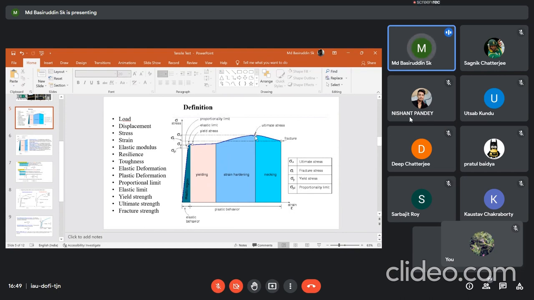Because at the UTS point, the material is experiencing the maximum amount of load, and if you give more load, then obviously the material will start to fail, either by forming some crack or by forming some necked region.